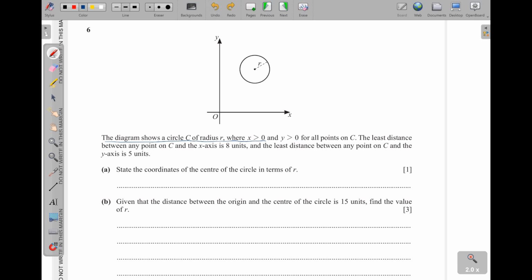Now, since they said that the least distance between any point on C and the x-axis is 8 units, that means we are going to go vertical.